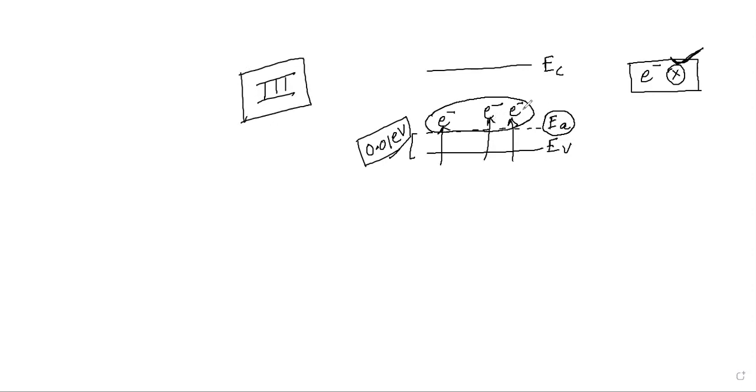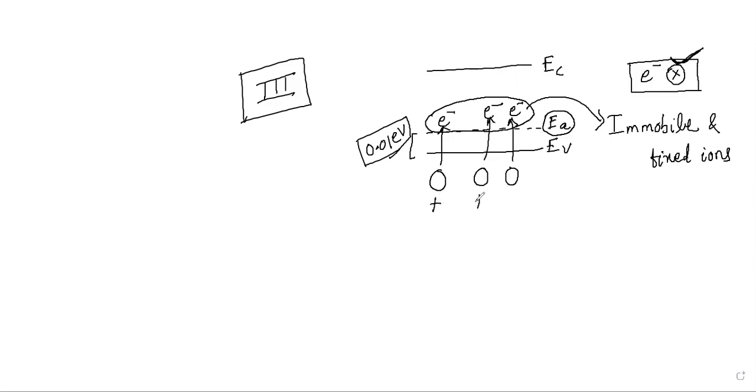These are immobile and fixed ions, just like we considered in the case of donor atoms. These immobile and fixed ions do not contribute to the process of conduction. But what you got here are holes, because of the deficiency: the electrons are moving from the valence band. So you got holes over here.